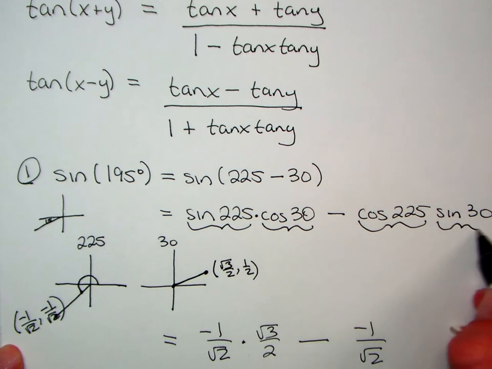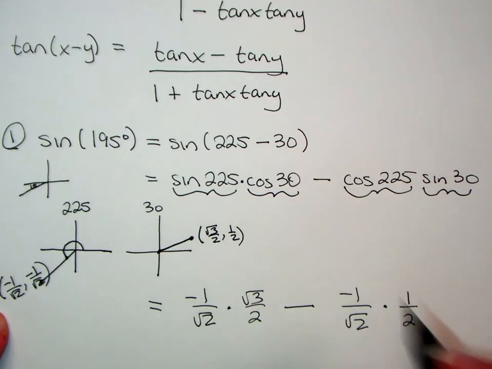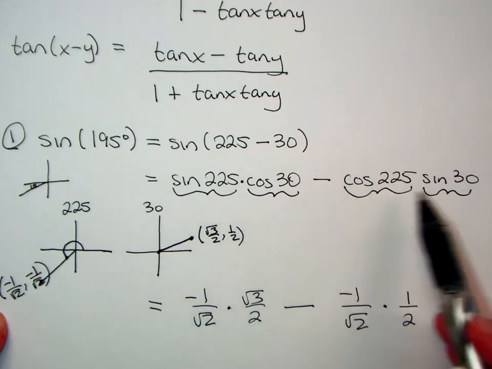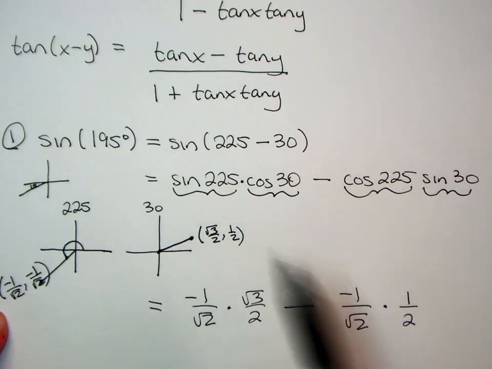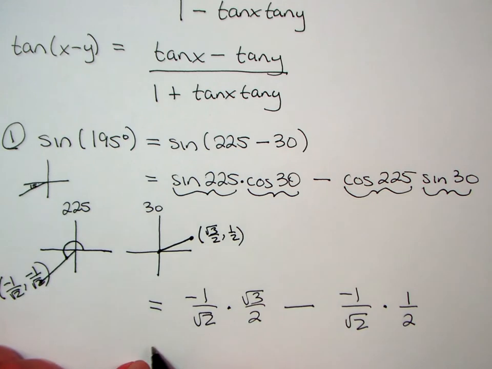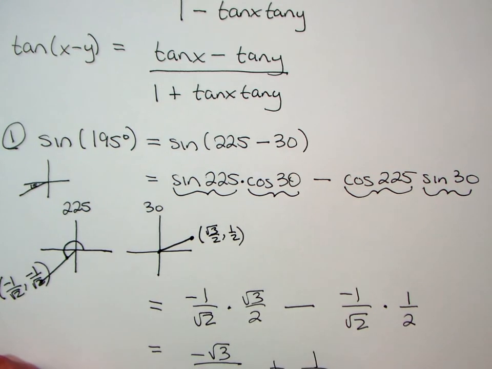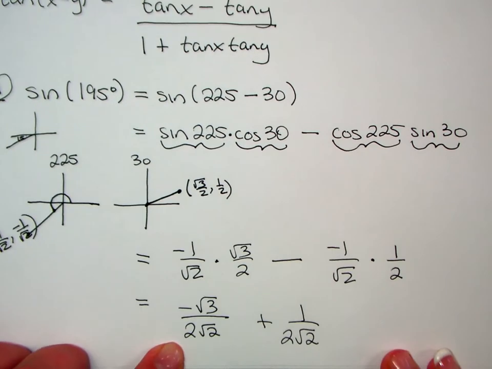Sine of 30 is the y-coordinate here, which is 1/2. So I just took all 4 of these and stated their points on the unit circle. So I have negative rad 3 over 2 rad 2, basically plus 1 over 2 rad 2.